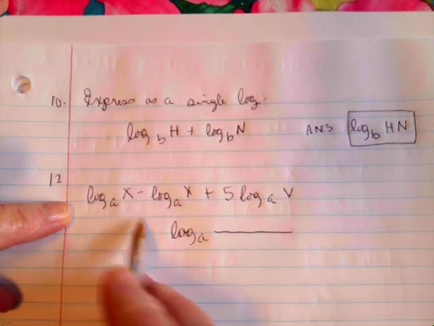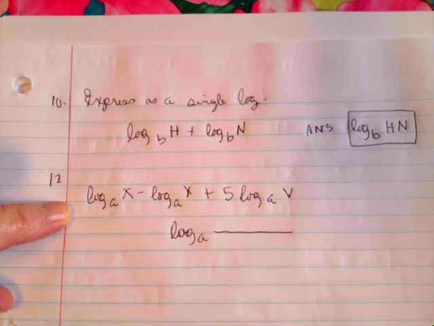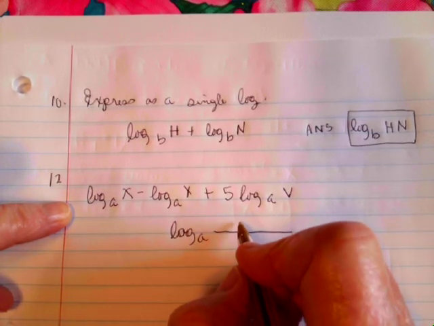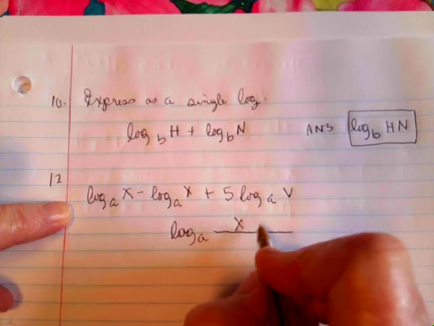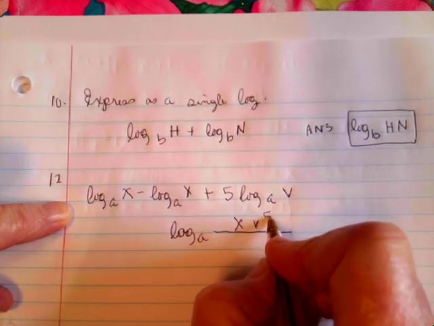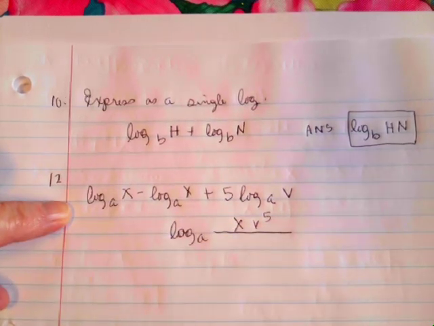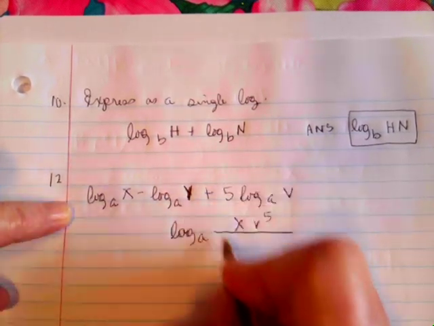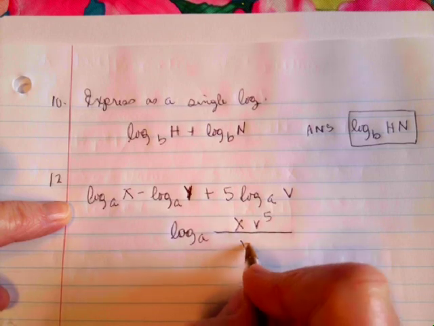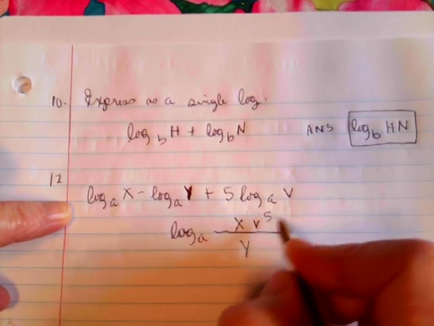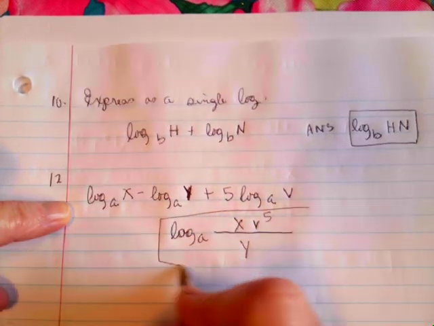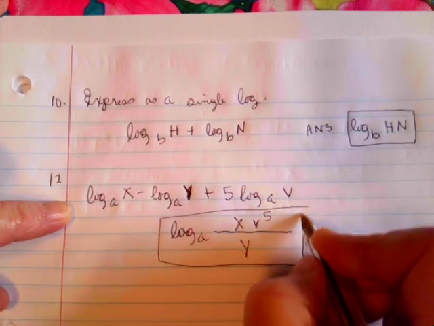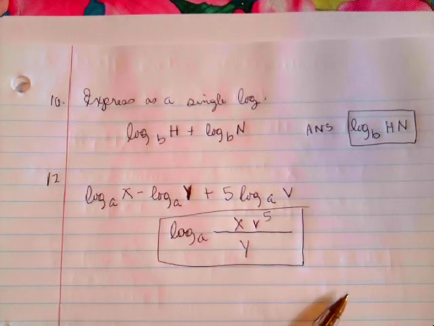If I've got a minus sign, I know I've got to put a fraction bar. Everything that's positive goes in the top. Everything following that minus sign goes in the bottom. There is my final answer. Log a, x, y to the 5th over y.